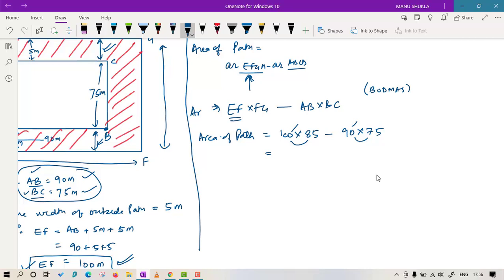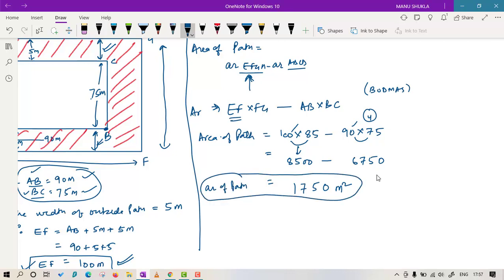You will get from here 8500 minus, from here you will get 9 fives are 45, 63 plus 4 is 67, this thing, and now if you subtract you will get 0, and from this you will get 10 minus 5 is 5, 4 minus 7 is not possible, so 14 minus 7 is 7, 7 minus 6 is 1, and the answer is 1750 meter square. This is the area of path.